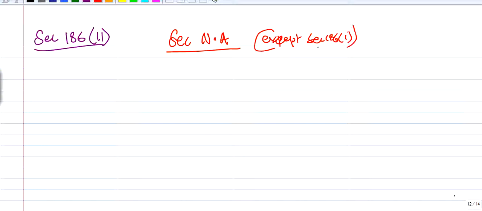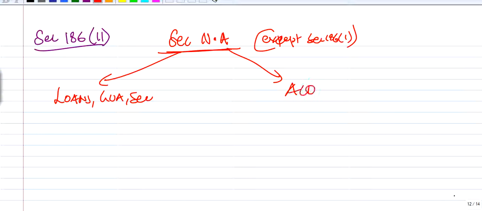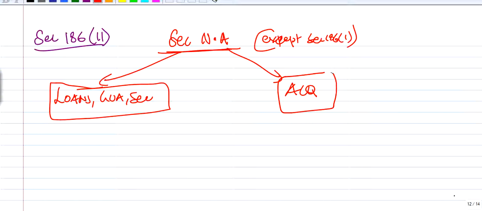Section is not applicable for, we can divide into two things, loans, guarantees, and the securities, and the acquisition, two parts. We have four points under acquisition.